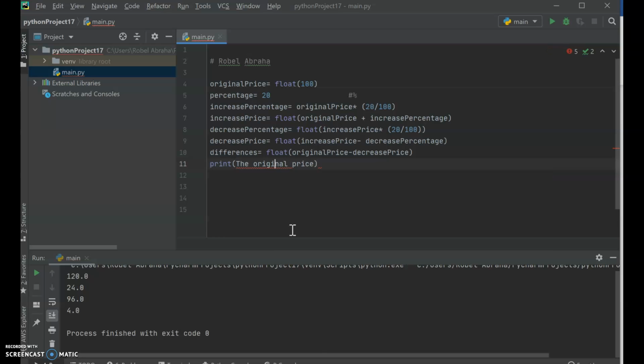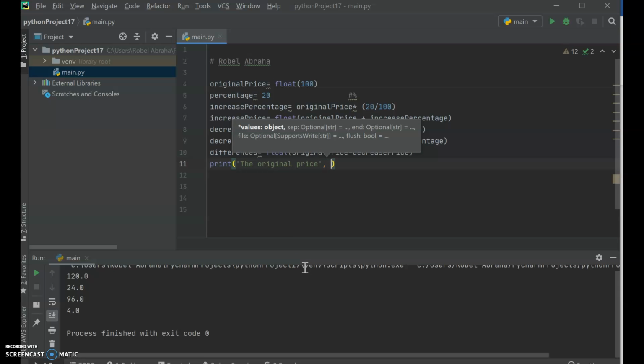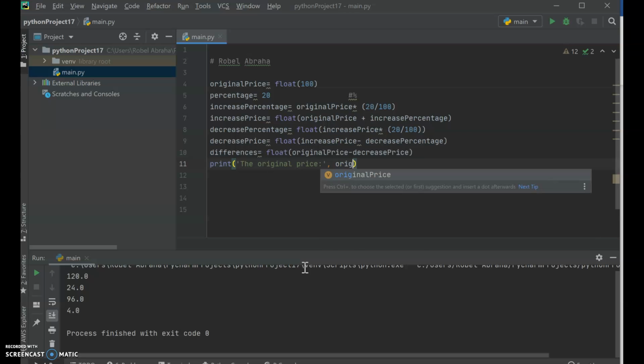Oh, sorry, we need here an apostrophe and a closing apostrophe. Let's do it here, a colon, original price.